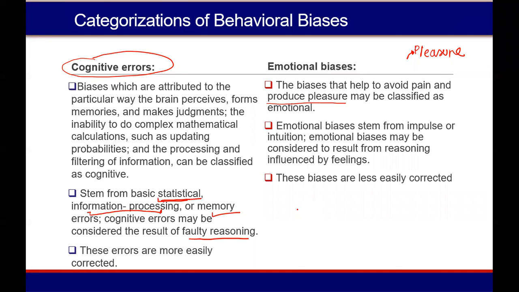So their decisions are not similar when we present the same statement in different ways. We'll talk about the framing bias in this class, and you need to acknowledge that this kind of cognitive error can be corrected by training the investors or by providing knowledge to individuals.